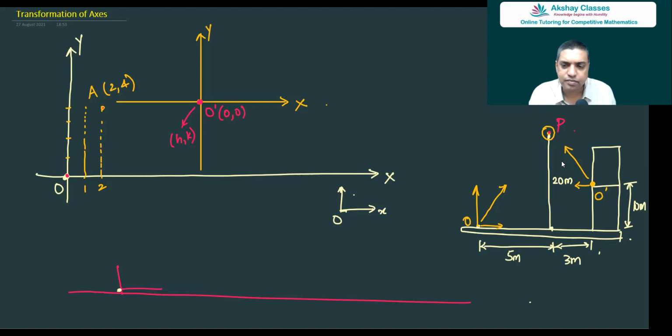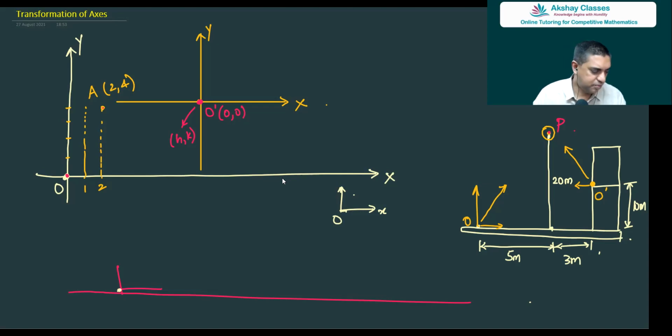This is an important question which is extremely useful in most problems in physics. So in this section, we talk about how to study the coordinates of a point with respect to different coordinate axes.